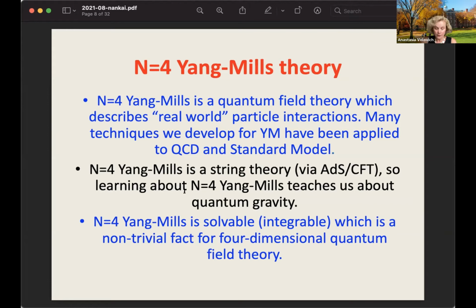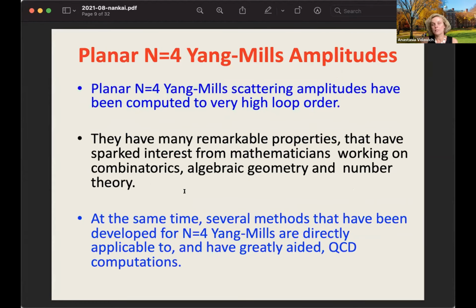Okay, so very good. So what's the situation with amplitudes in this theory? They've been computed to a very high order, and in the next slide I will have a review on that. And people keep studying this because these amplitudes in this theory have many remarkable properties that have sparked interest from mathematicians working in combinatorics, algebraic geometry, and number theory.